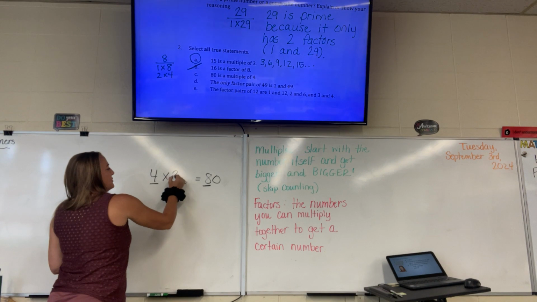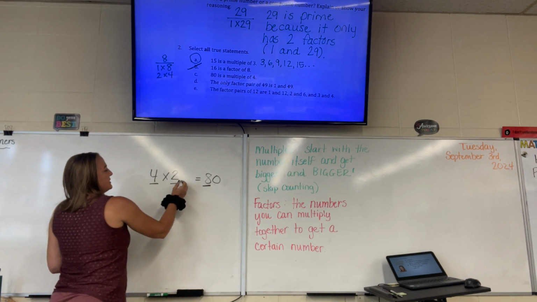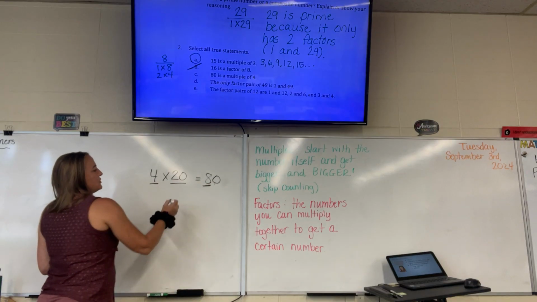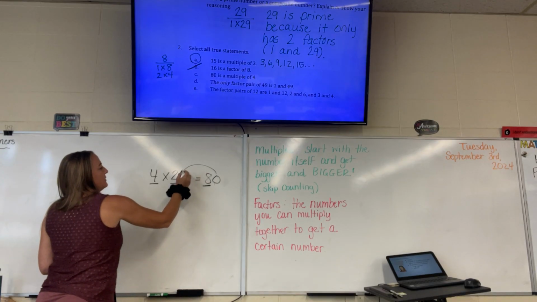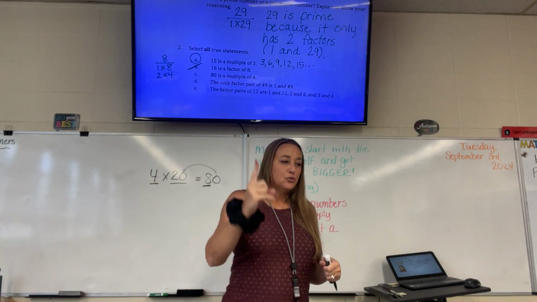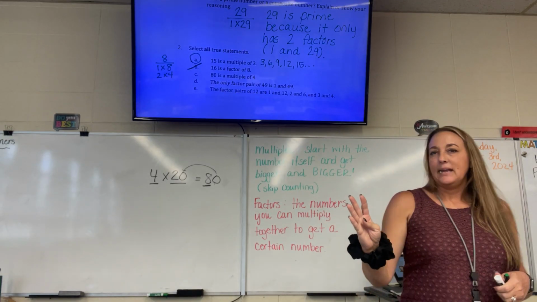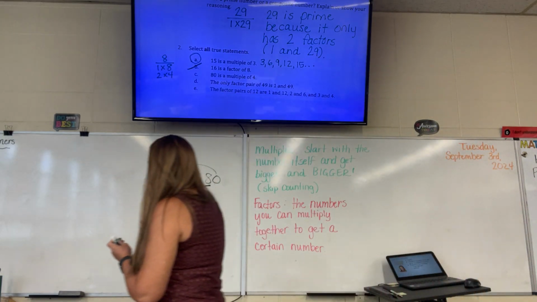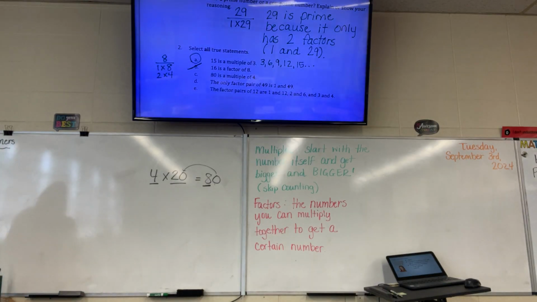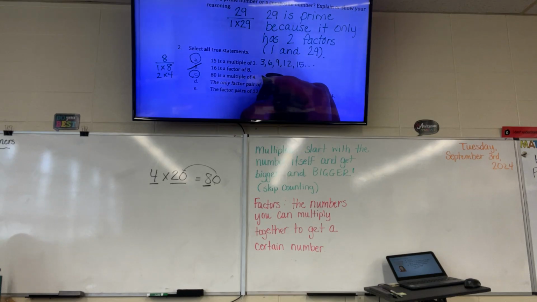And since we've got a 0 here, we just add our 0 here. So now if we count by 20: 20, 40, 60, 80. So 80 is a multiple of 4 because 4 times 20 equals 80.